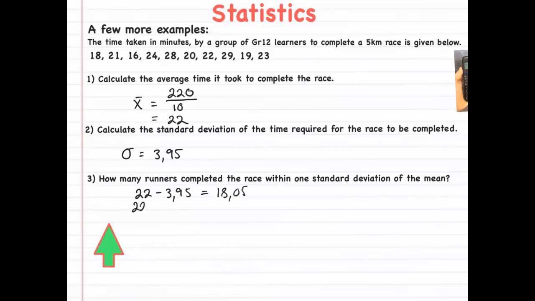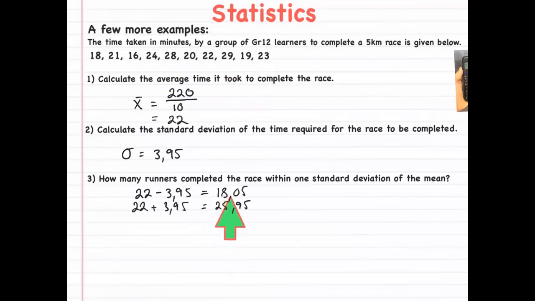Then we take the 22 and we plus 3,95, and that basically gives us 25,95. So these are the two values, so that gives us the range of within 1 standard deviation from the mean.